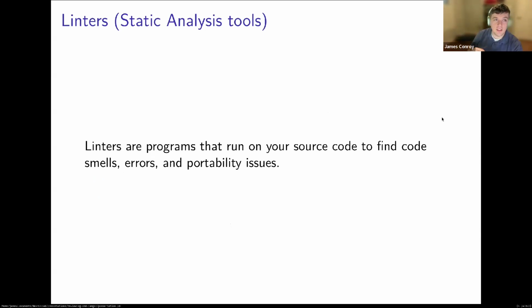Well, if you want to be fancy and technical, they're static analysis tools, and they are programs that run on your source code to find code smells, errors, portability issues, missing semicolons, logic errors, a whole bunch of stuff. It depends on really your language, how it was configured, how the linter was written.